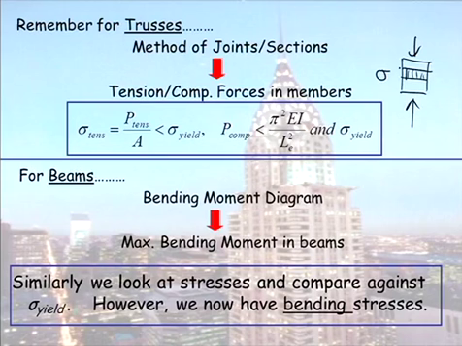And that stress distribution was simply P on our cross-sectional area A. With our bending moments, and I brought my other bit of foam, things now bend. And hopefully even people at the back can see the bottom is stretching and the top is squashing. So we no longer have a uniform stress distribution.